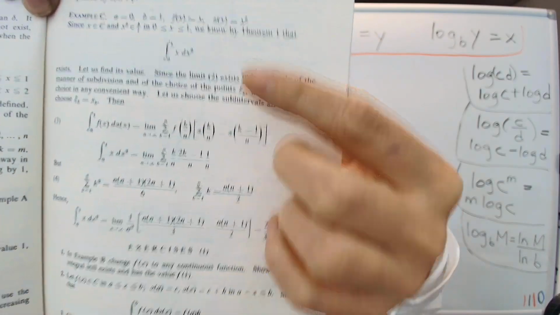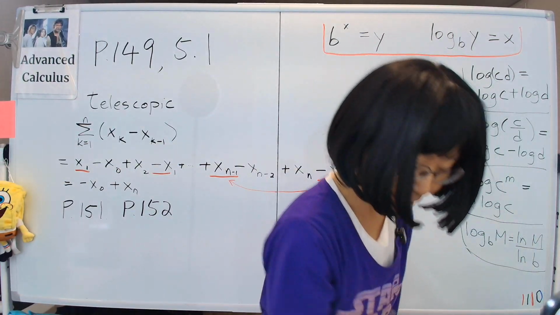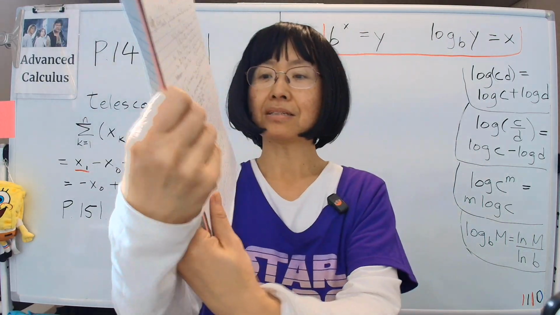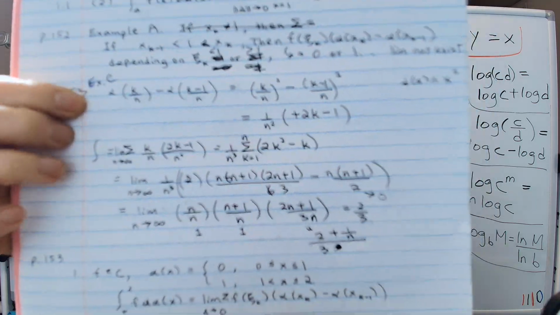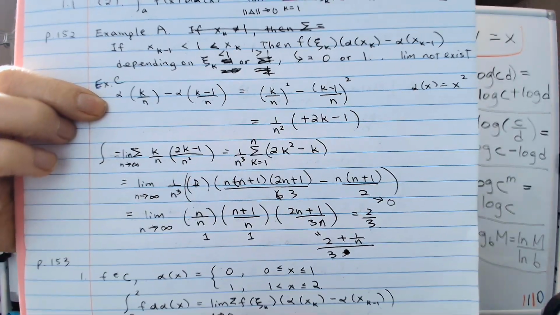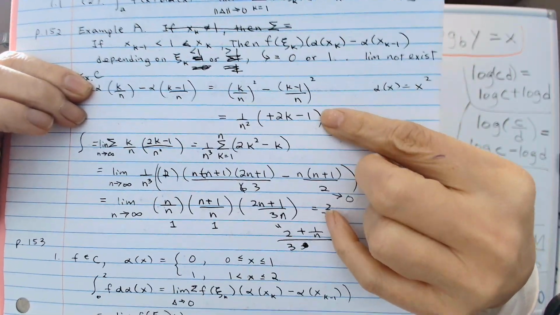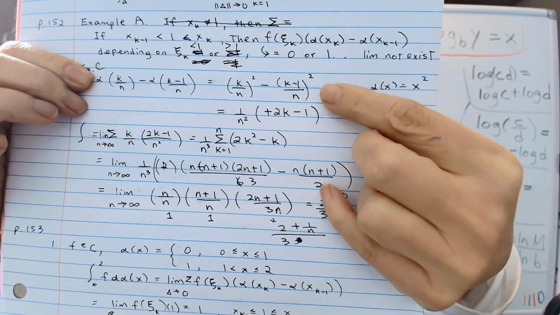Then alpha(x) is x squared, so we plug that in and write it out. It will become this thing as I have written out right here. Please do this yourself as well. So this is equal to that. Doing the algebra in here quickly, you can do this in your head: k squared minus (k minus 1) squared.